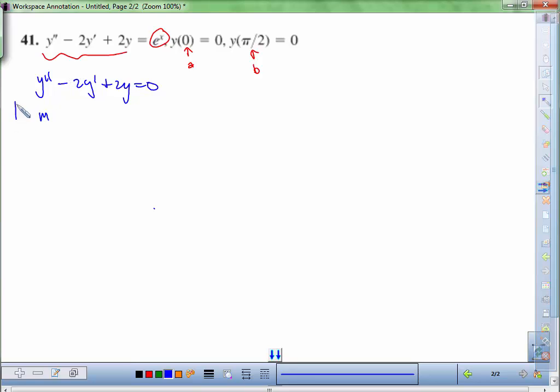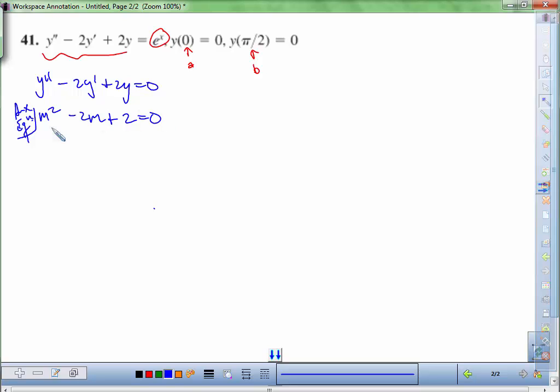We have an auxiliary equation, with m's matching the powers and the degrees. So m squared minus 2m plus 2 is equal to 0.